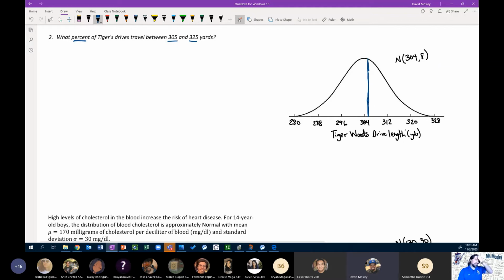So 305 to 325 is going to be somewhere over here. All right. So we have this. We want the area between these 2 points.